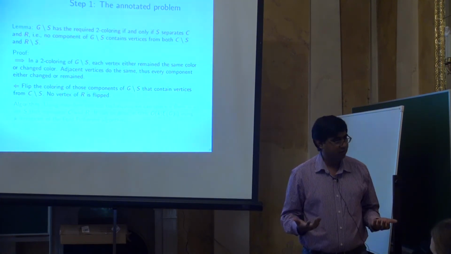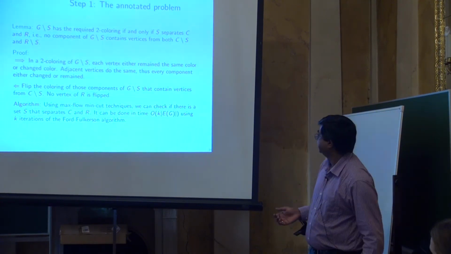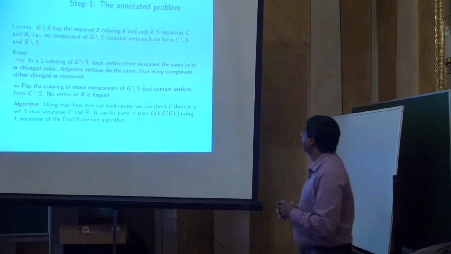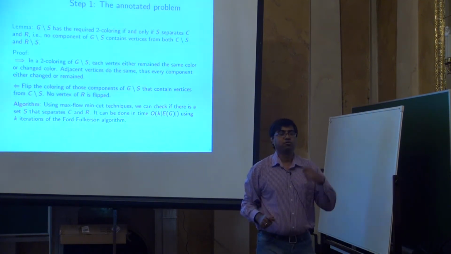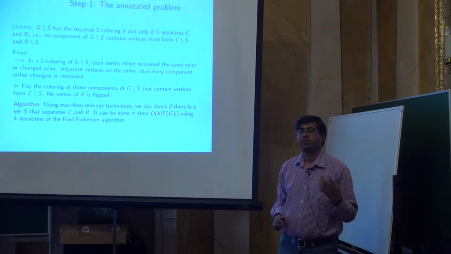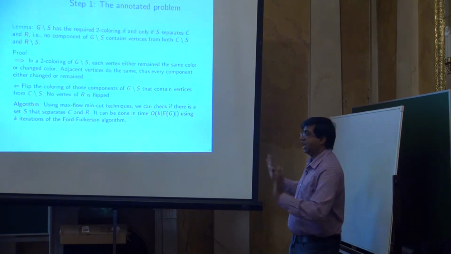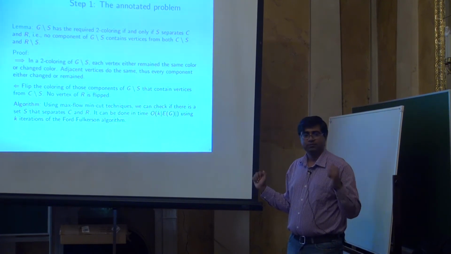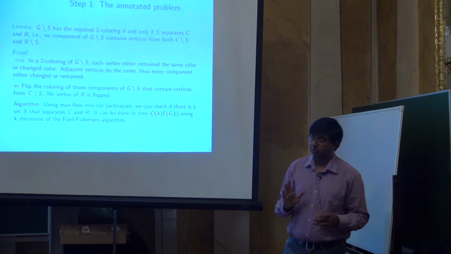And I can solve min cut, even if you don't know, in this much running time. We can check if there's an S that separates C and R in K times this, because you need to do K rounds of max flow min cut iteration. That's it. If you do not know, it's okay. This can be done in polynomial time using max flow min cut. So we can do this problem in polynomial time, but that was not our goal.